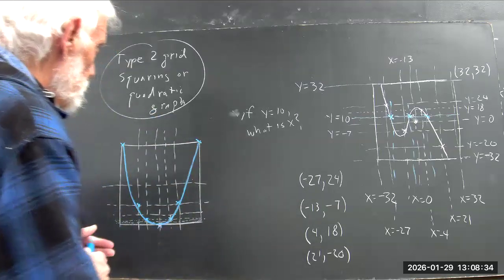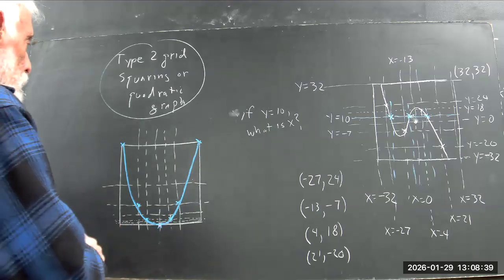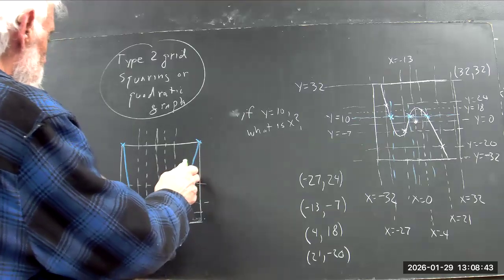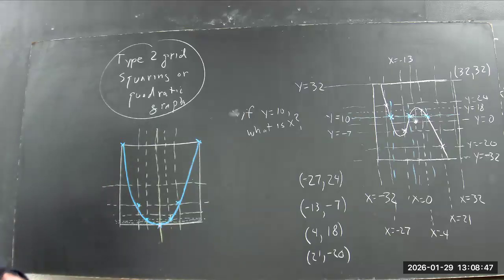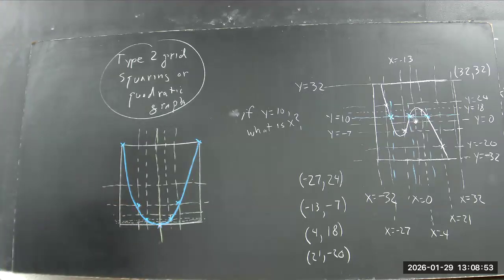If drawn correctly, it's symmetric about this vertical center line. This half reflected through this vertical center line is this half, okay? Every point here corresponds to a point in equal distance across the vertical center line.